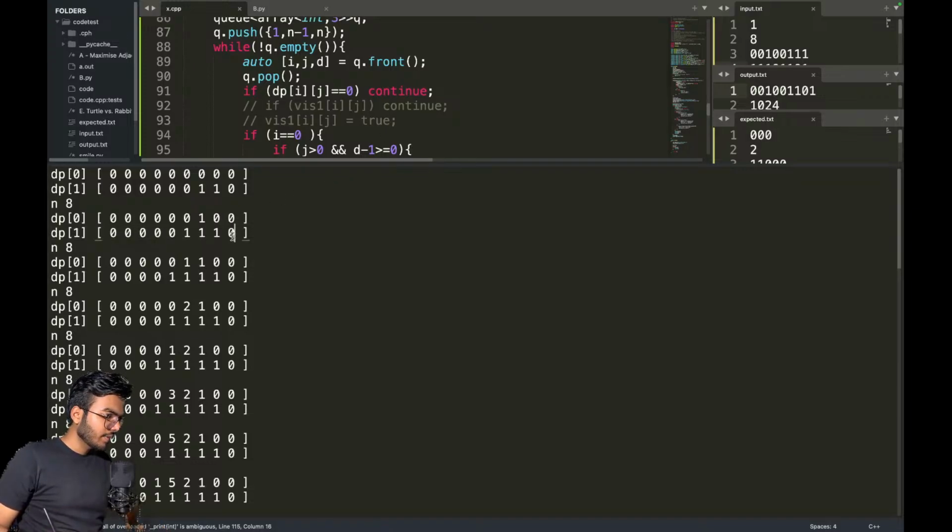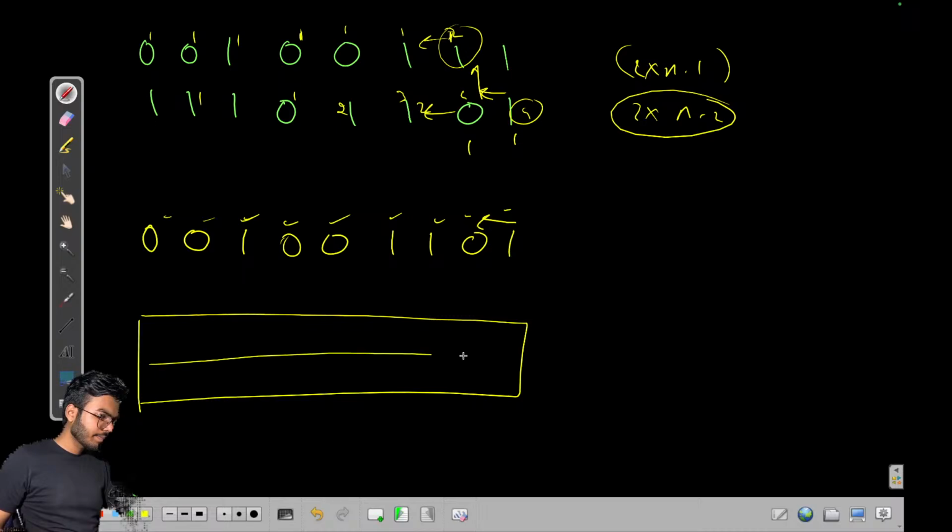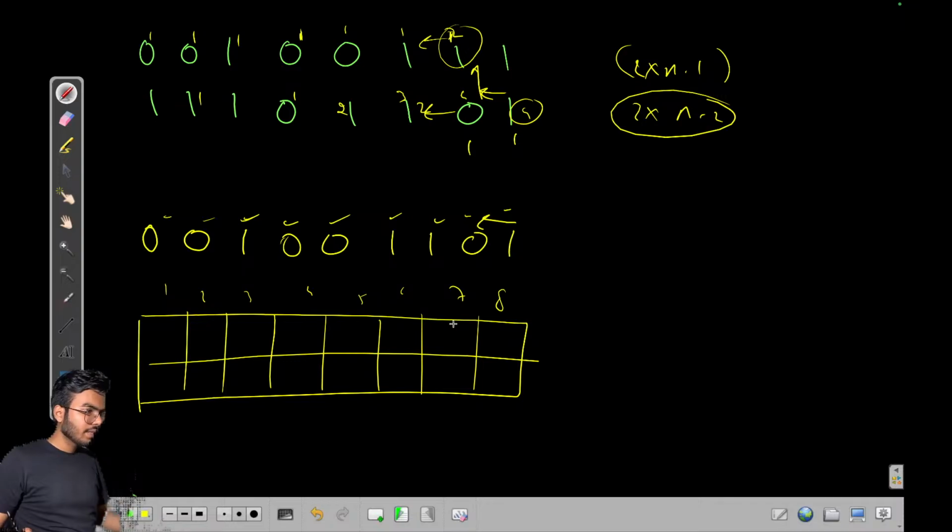From this part I went to here, then I can go in both directions, up and down. So these two become 0. Now let me actually create the whole thing. So 1 2 3 4 5 6 7 and 8. Okay, so we have this.